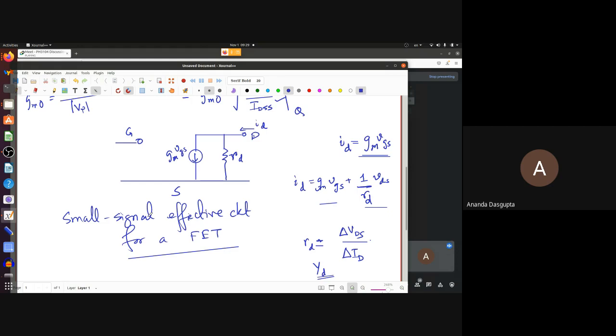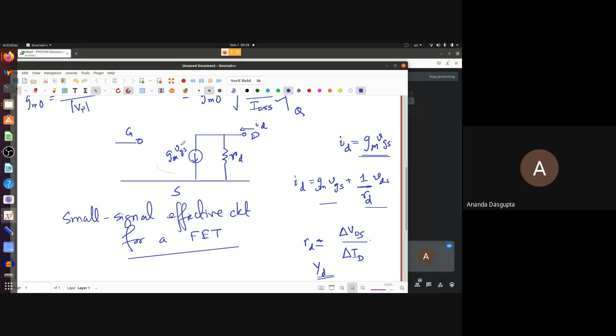Now, HREVCE can be ignored very often because it's tiny, but you still have an HIE resistance to worry about on the input side between the base and the emitter. And on the output side, you have HFE IB in parallel with 1 over HOE, or the admittance HOE. Very similar to this, except for a major difference.